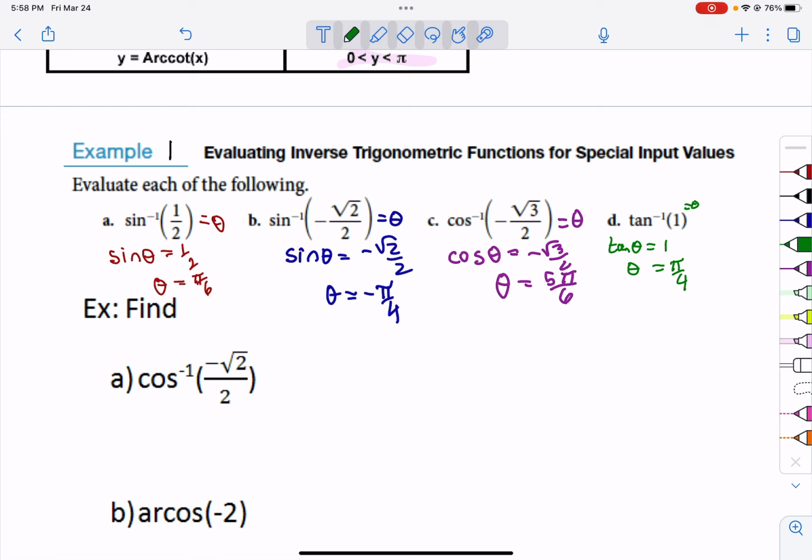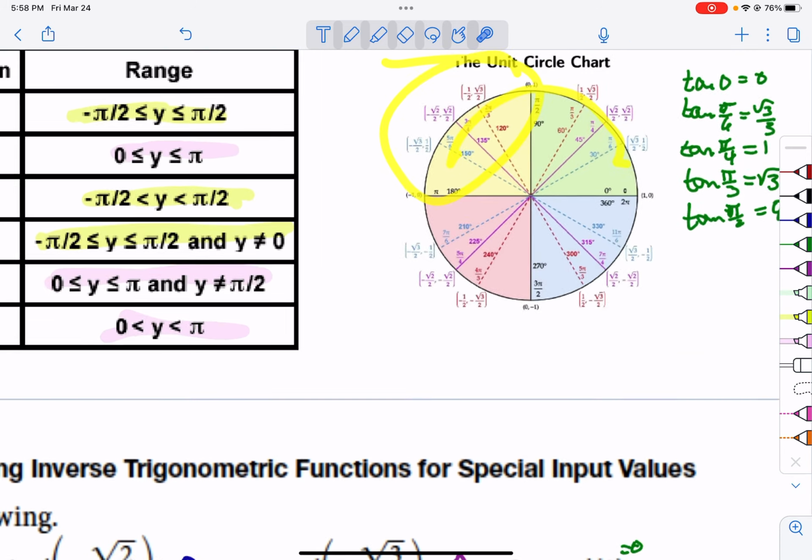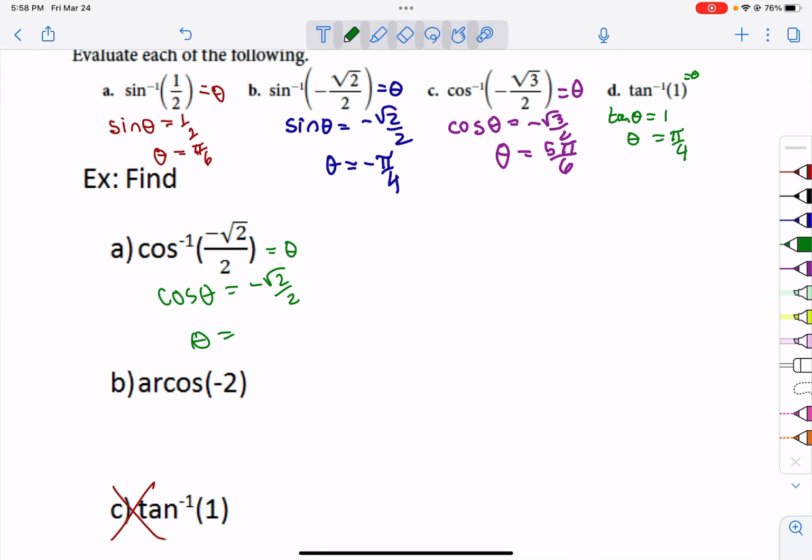Where's the cosine equal to negative square root of 2 over 2? So the answer is theta. The cosine of theta is negative square root of 2 over 2 at the pi over 4 that is in the second quadrant. So over here. And so that is 3 pi over 4.